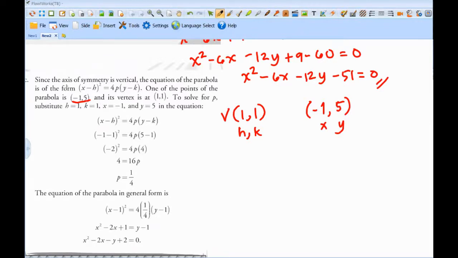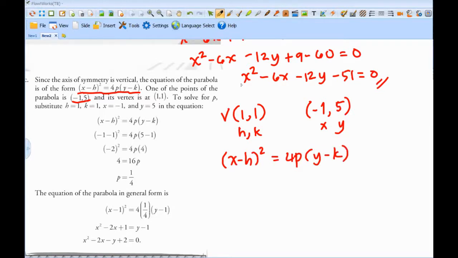Since the axis of symmetry is vertical, the equation of the parabola is in this form. So therefore, it opens upward. So it will become x minus h squared equals 4p times y minus k.